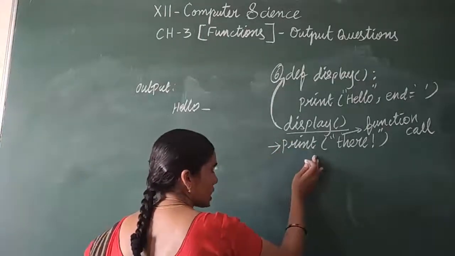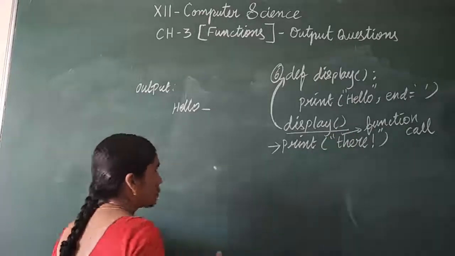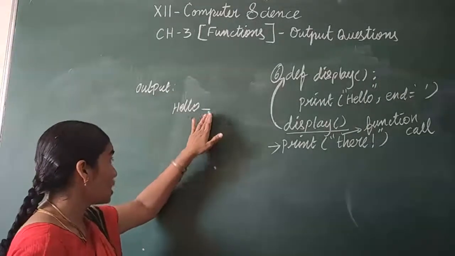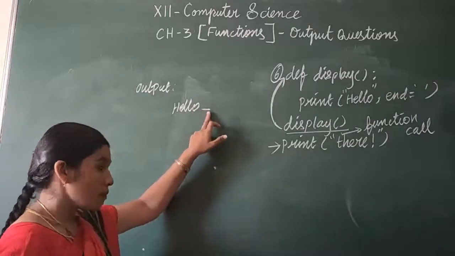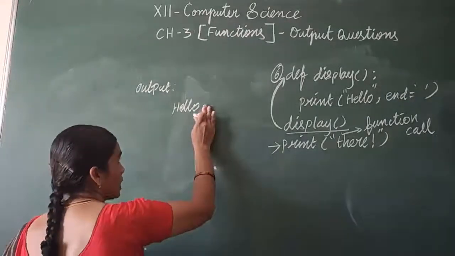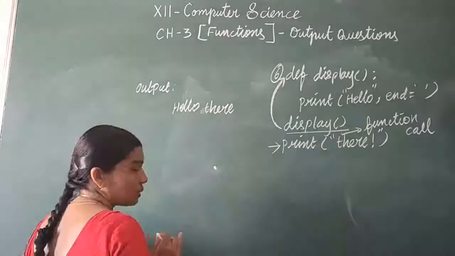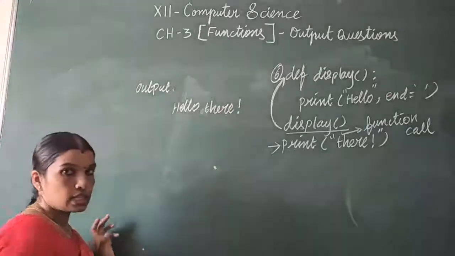What statement have we given after this function call? Print that. So what I said, n argument, here the cursor will stay on the same line. So only the word that will be printed. Did you understand?